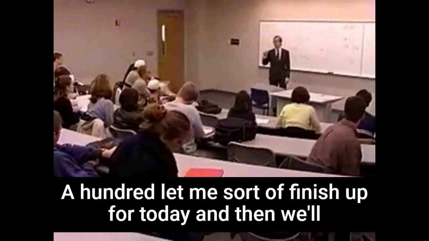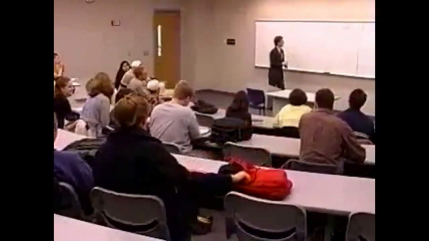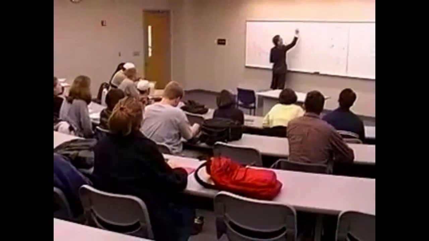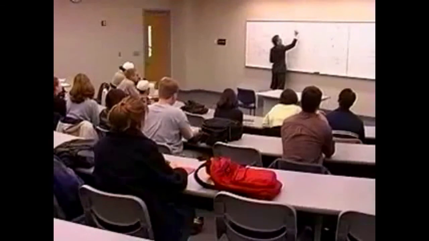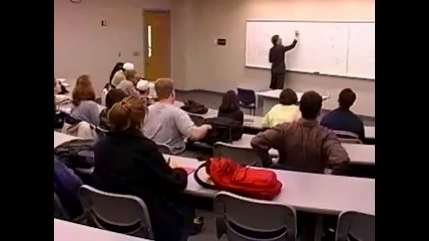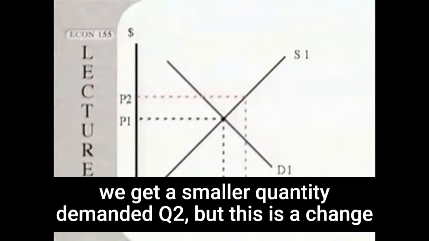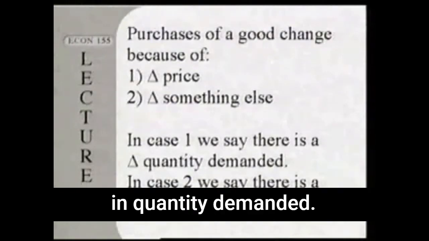Let me sort of finish up for today, and then we'll pick up at this point next time. And remind you that if the price changes and goes up from P1 to P2, that we get a smaller quantity demanded, Q2, but this is a change in quantity demanded.